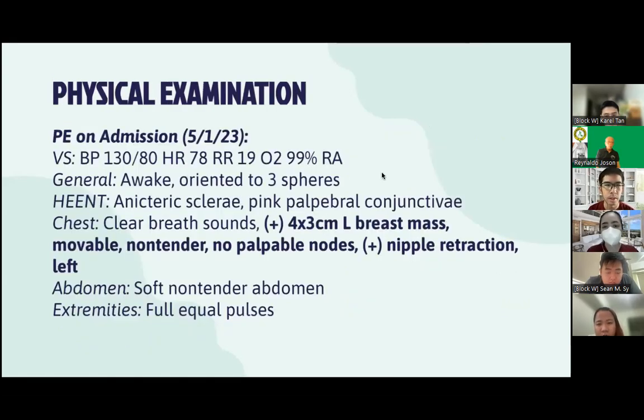So on the PE on admission, this was done via chart review, since we were not at the ER when this patient was admitted there. So there was a 4 by 3 centimeter left breast mass, movable, non-tender, with no palpable nodes, with nipple retraction on the left. And the rest of the PE was unremarkable.